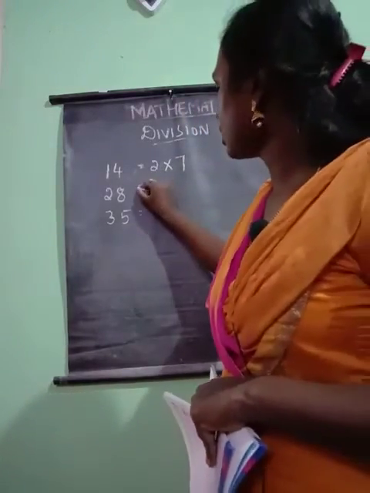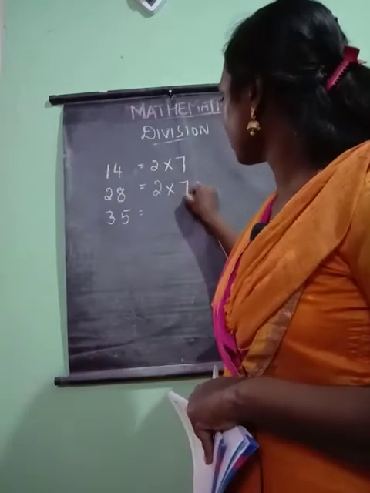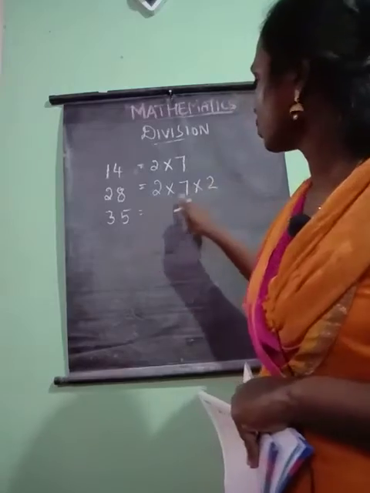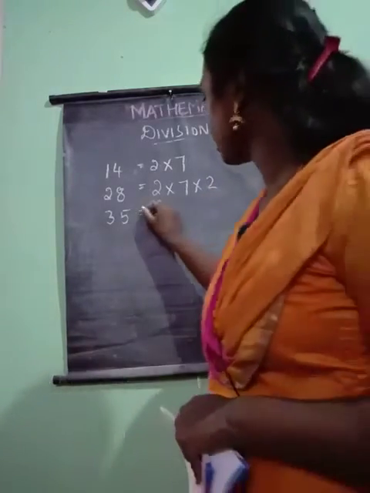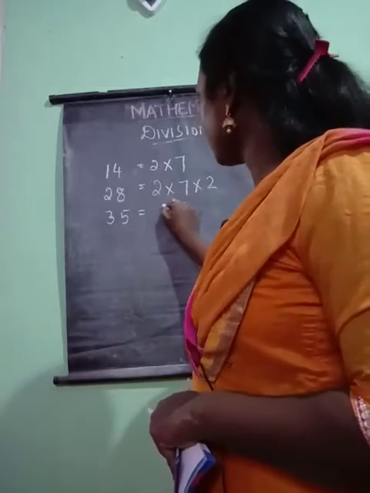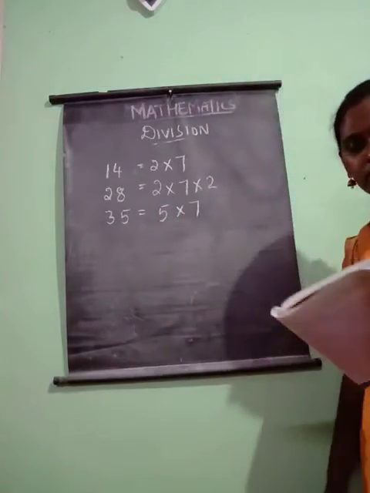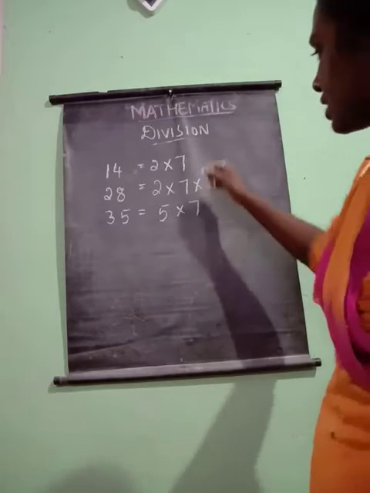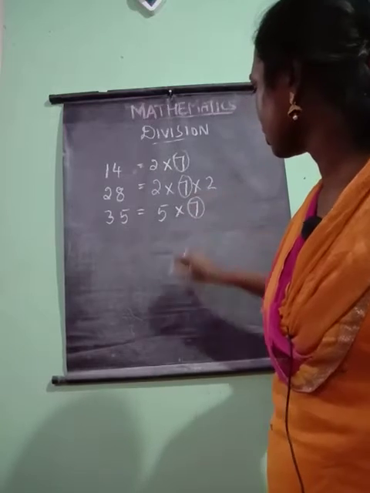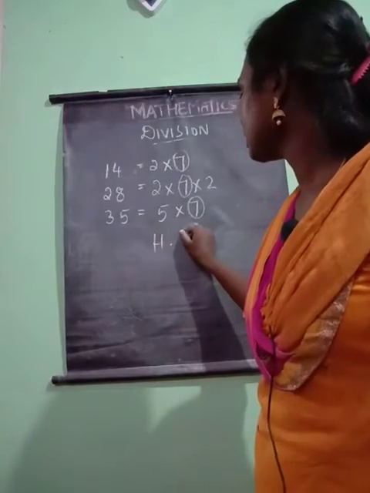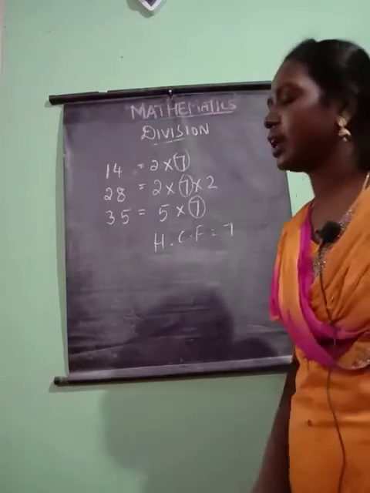Again for 28, 2 into 7 into 2. 2 7s are 14, 14 2s are 28. Okay. For 35, 5 into 7. 5 7s are 35. Here you can see the common number present in all three numbers is 7. So the HCF is 7.